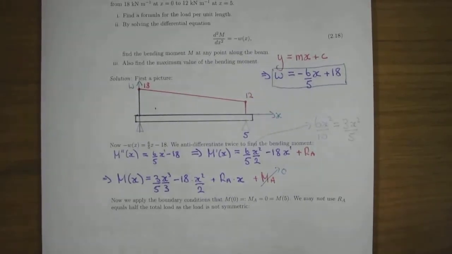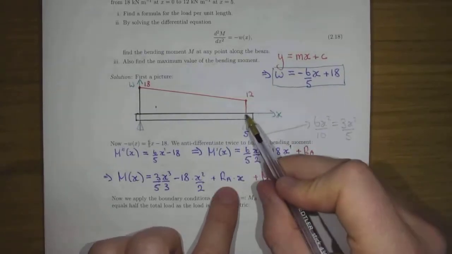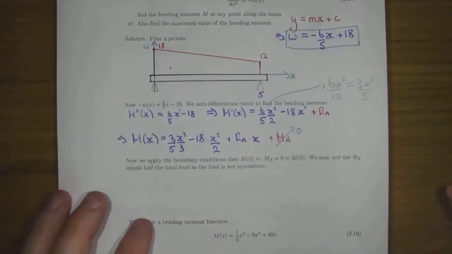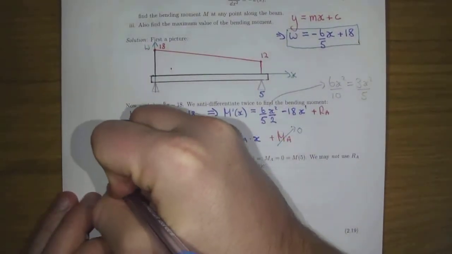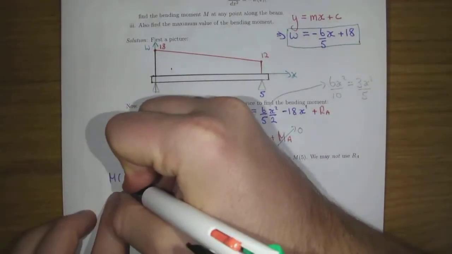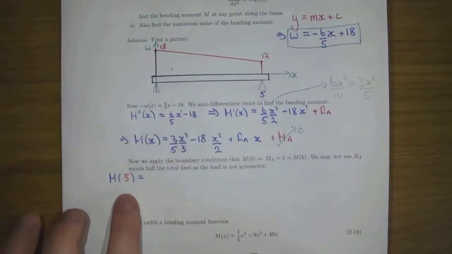Okay. So we want to find RA. We need to use the other boundary condition, which is that the bending moment at 5 is equal to 0. Okay. So bending moment at 5, now we need to sub in x equal to 5 into all this.